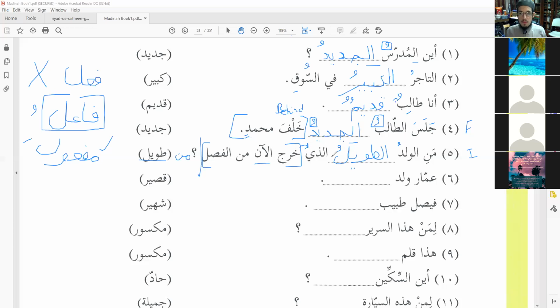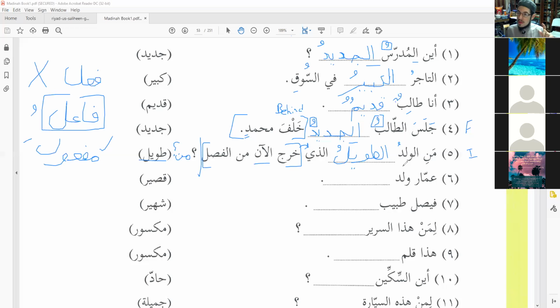We're not primarily trying to say that he left the classroom. We're primarily trying to say who he is. And so the question is seeking to answer, who is he? All this other information is clarifying who is the mubtada, making it specific or as specific as possible, eliminating all other possibilities and ambiguities.